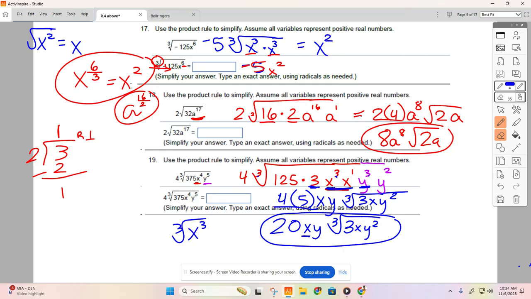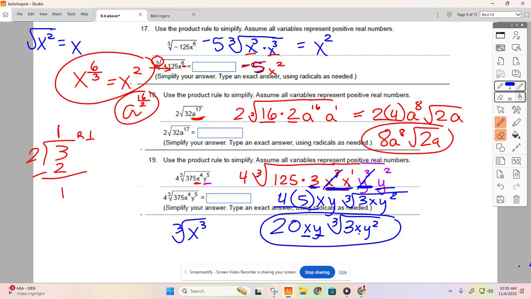But I still had an x left, that's why this one is still here. When I take the cube root of the y cubed, it takes it out and it shows up outside now, because they got a 3 outside. And what was left behind inside that radical was the y squared.